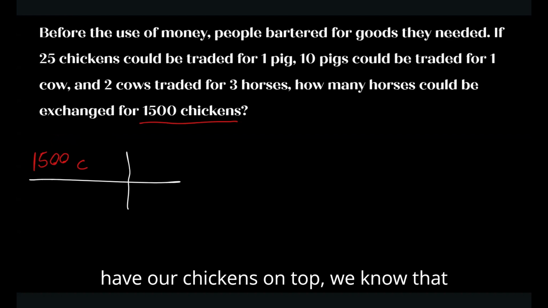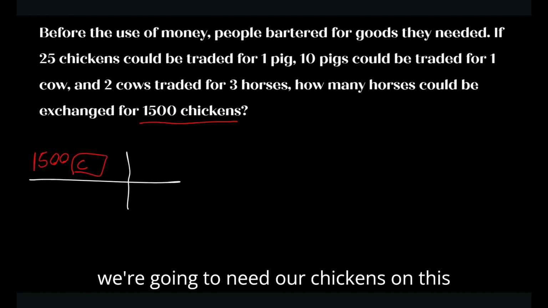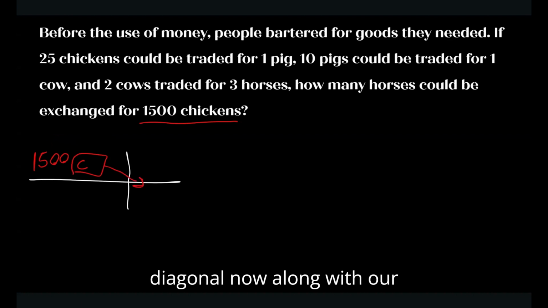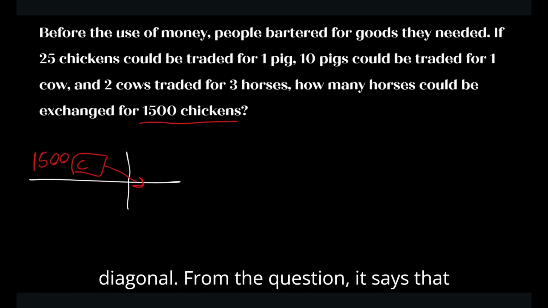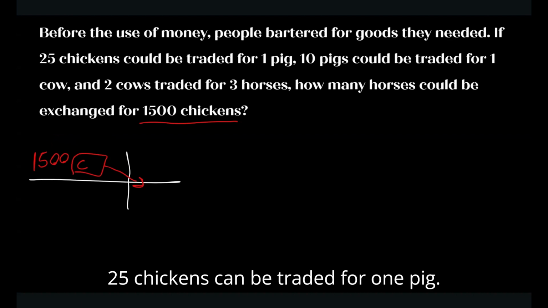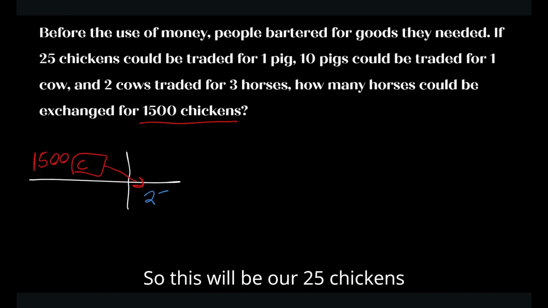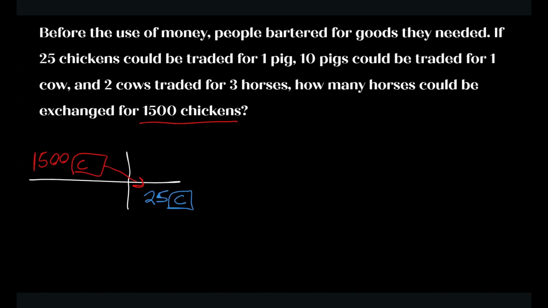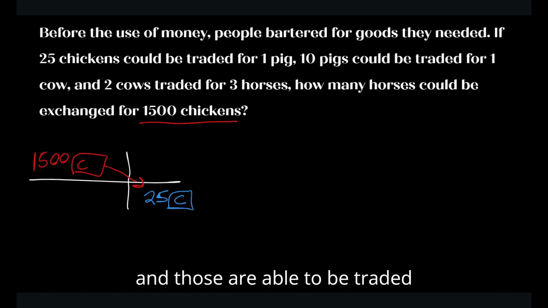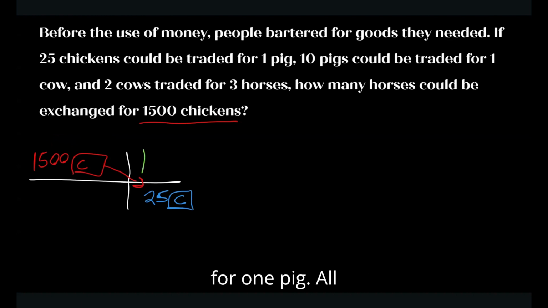All right, now that we have our chickens on top, we know that we're going to need our chickens on this diagonal. Now, along with our diagonal, from the question, it says that 25 chickens can be traded for one pig. So this will be our 25 chickens, and those are able to be traded for one pig.